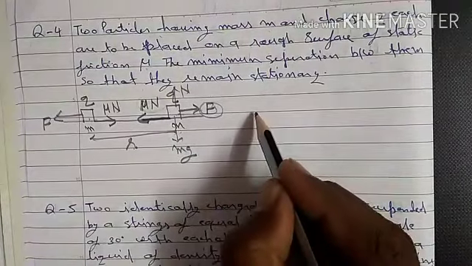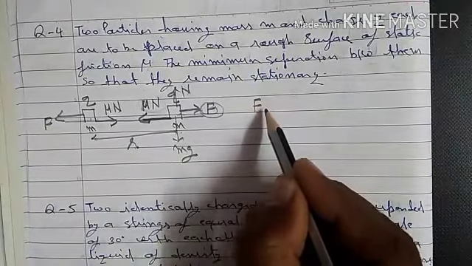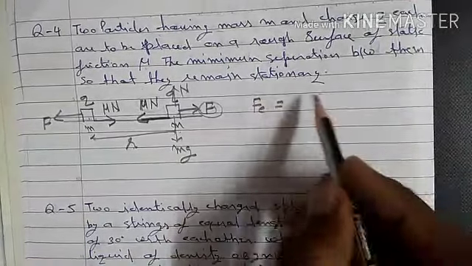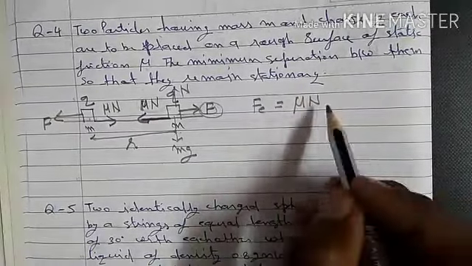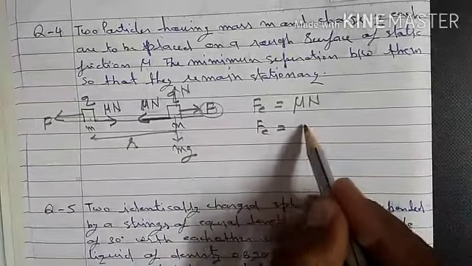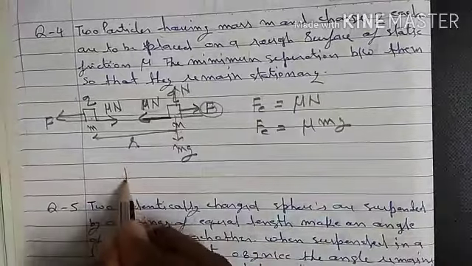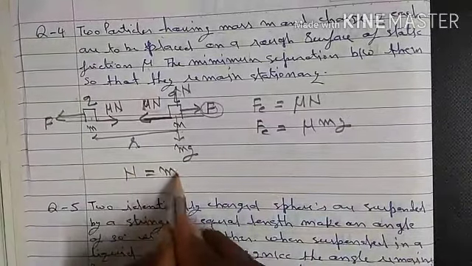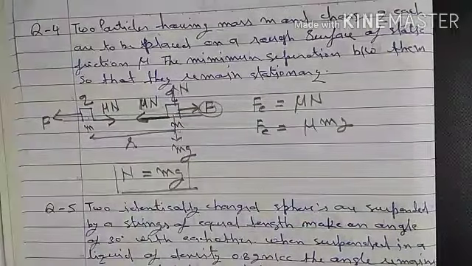So now I am going to balance these two forces. Electrostatic force Fe will equal the frictional force mu N, and N is equal to mg. So the electrostatic force is equal to mu mg, because the normal reaction is equal to the weight of the charge.